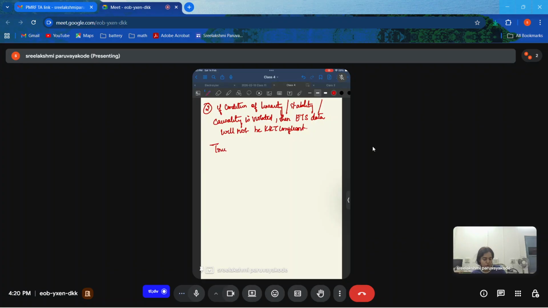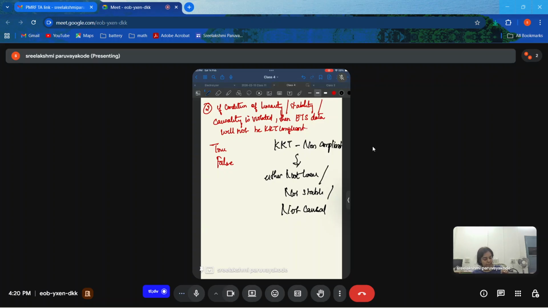True or false? The first thing we need to understand is KKT non-compliance. It means the system is either non-linear, not stable, or not causal, that is, the noise is affecting the system.